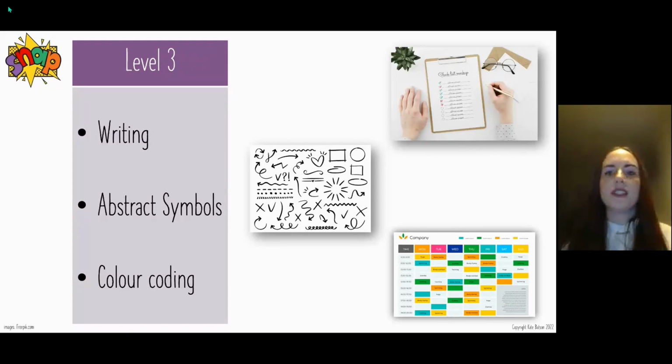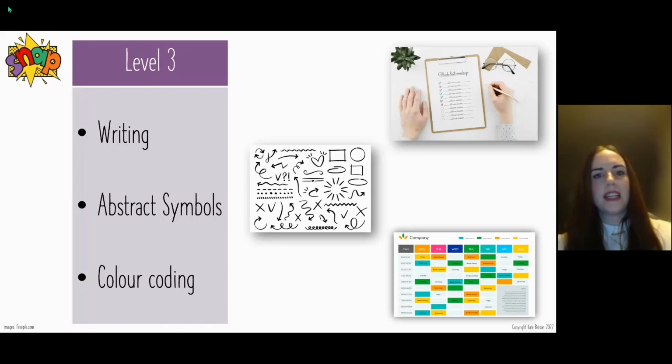For Moving to Secondary School, we colour code our timetable for all the lessons, and then we colour code the map of the school as to where those classrooms would be. But again, we've got to know that those colours represent a lesson or a person. So we've got to have that understanding that there is a connection that isn't obvious.